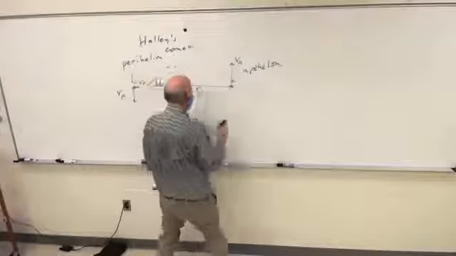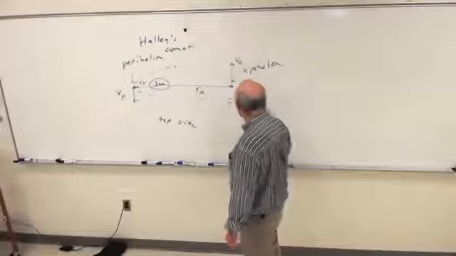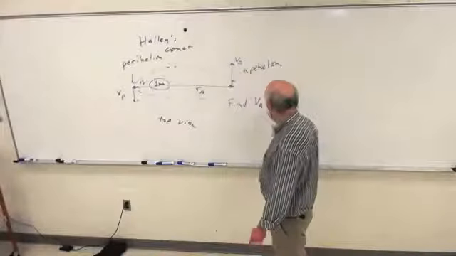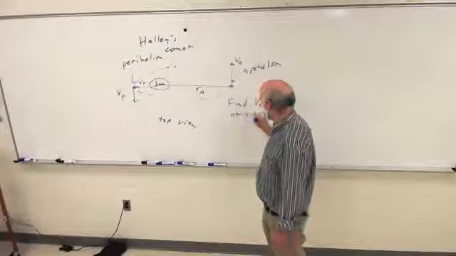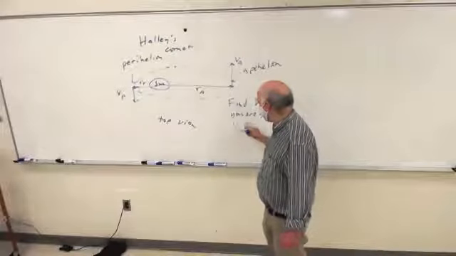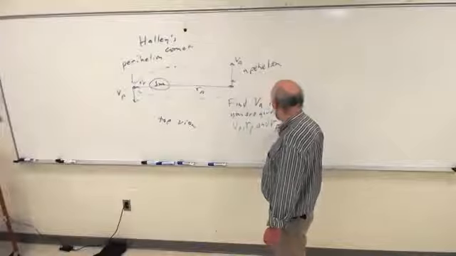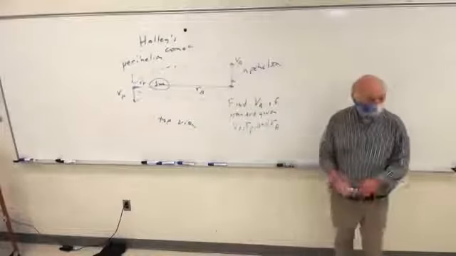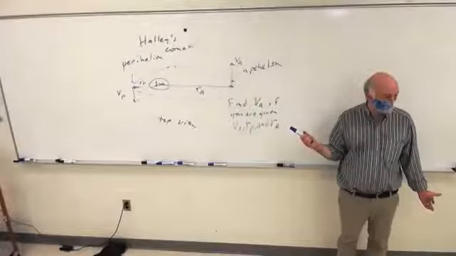And basically we wanted to find the velocity here, if you're given VP, RP, and RA. I think we left by saying this is a conservation of angular momentum problem.